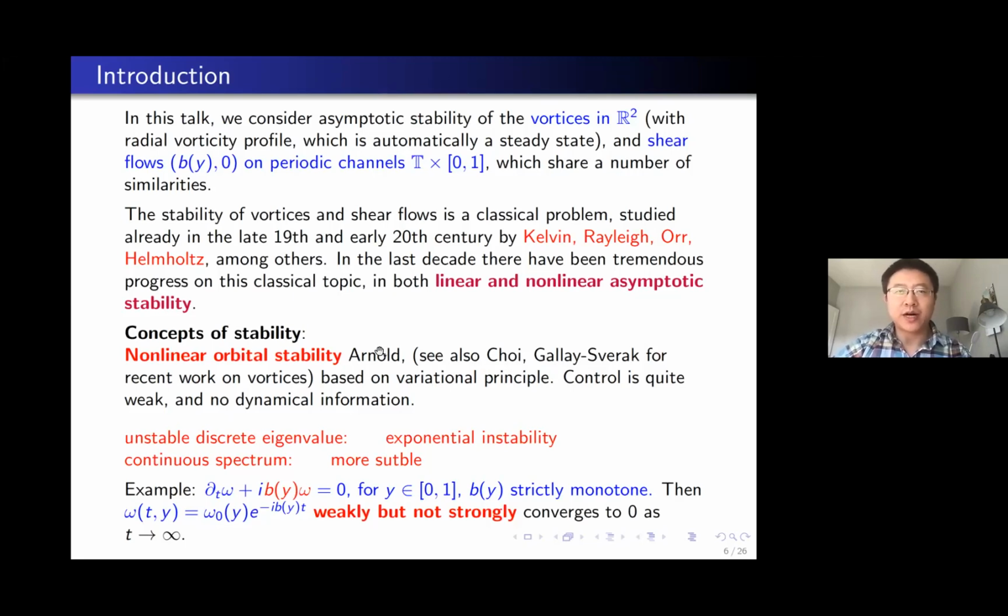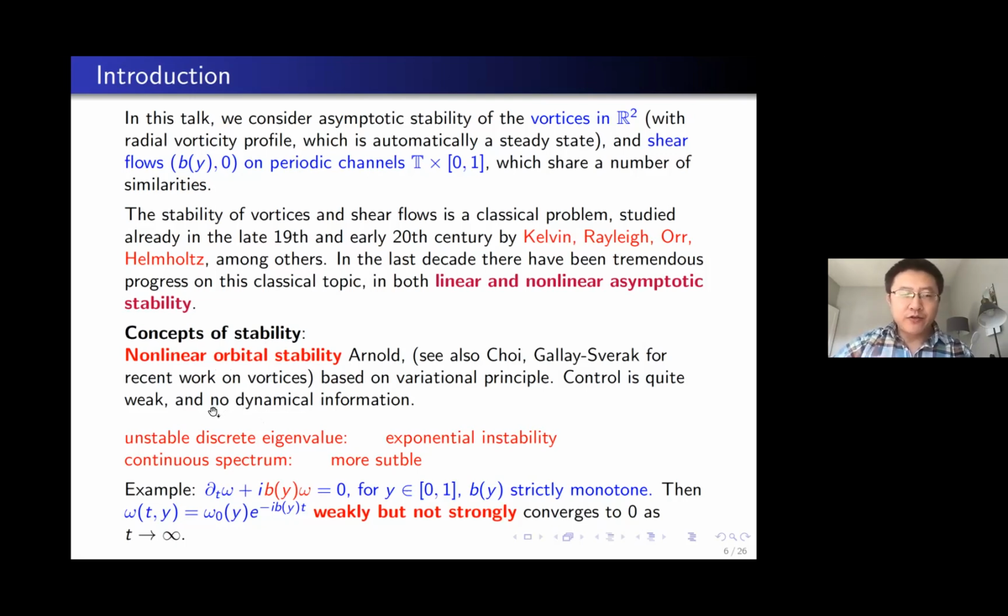If you ask for more detailed behavior, you cannot really get it. Also there's no dynamical information. For example, you cannot really see the rotation of the vortices. So we are more interested in the asymptotic stability, which is a more precise description of the dynamics.